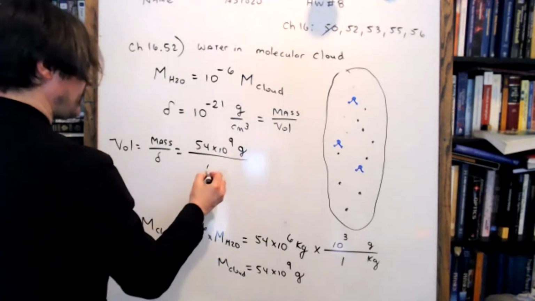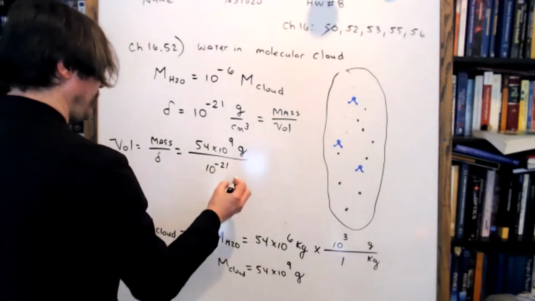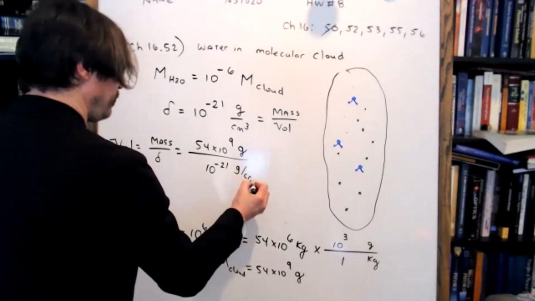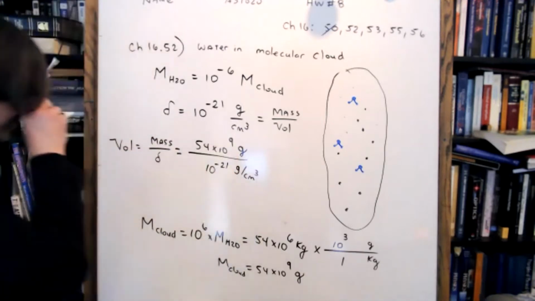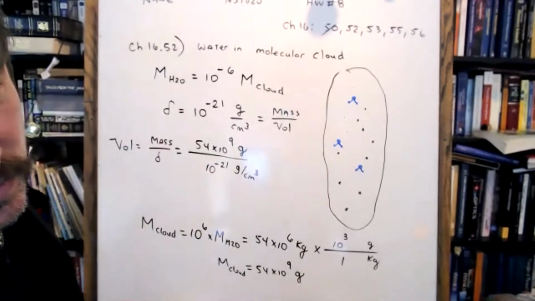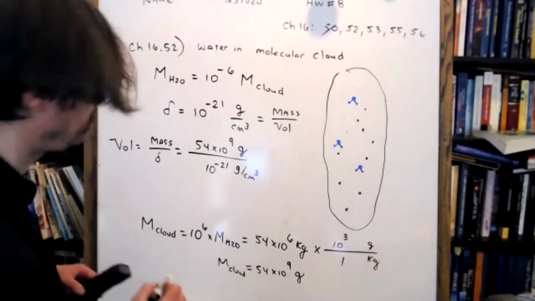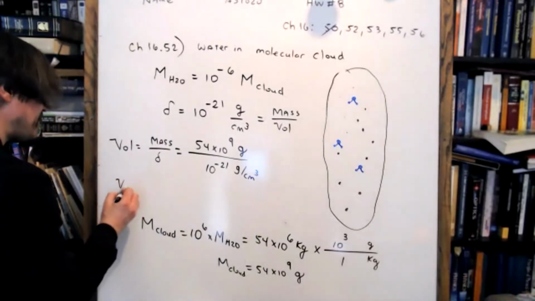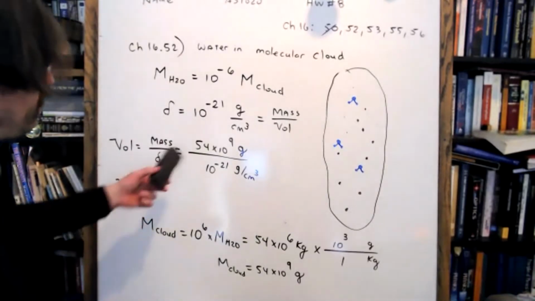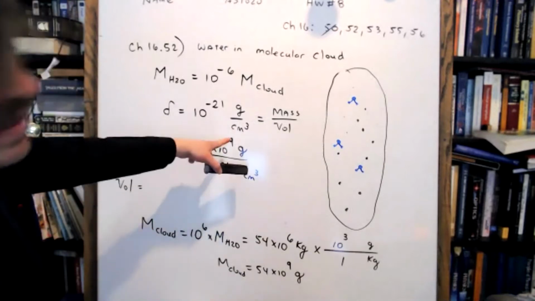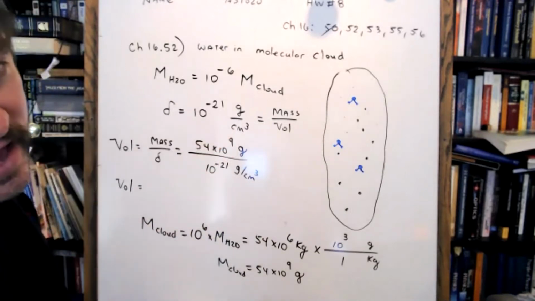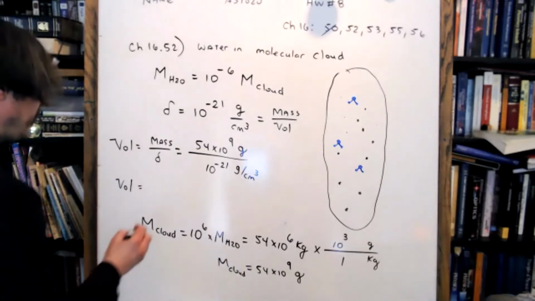The density is 10 to the -21 grams per cubic centimeter. Can someone do that in their head? 54 times 10 to the 30th cubic centimeters, because 9 plus 21 is 30.